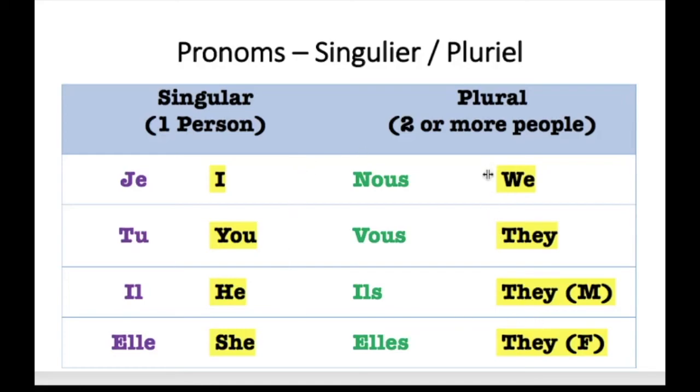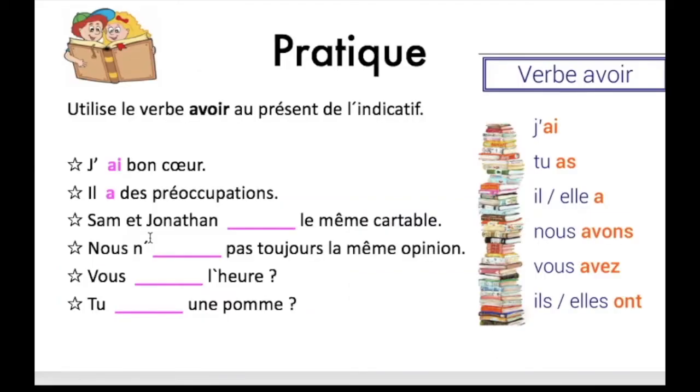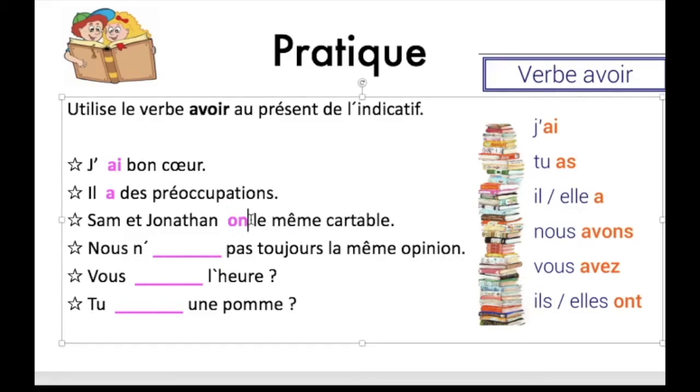Well, I know that Sam is probably a boy and Jonathan is probably a boy, so I'm going to use this one over here, ils, which is they, and it's males. So it's a group of males. And once again, I'm going to assume that Sam and Jonathan are both boys, which is why I'm going to use ils. So I'm going to use ils ont, because ont is the conjugated form of the verb avoir.